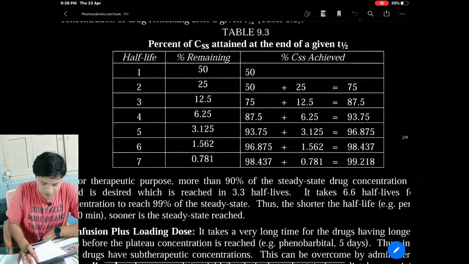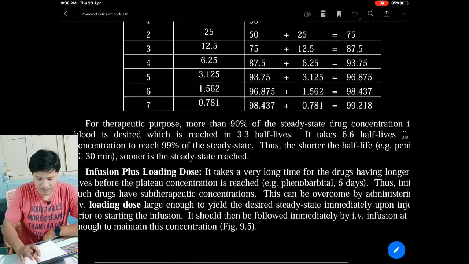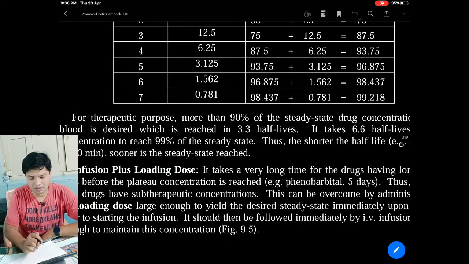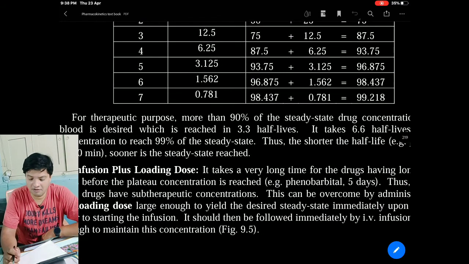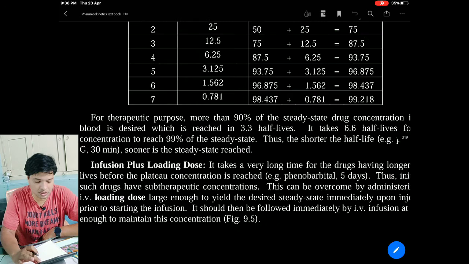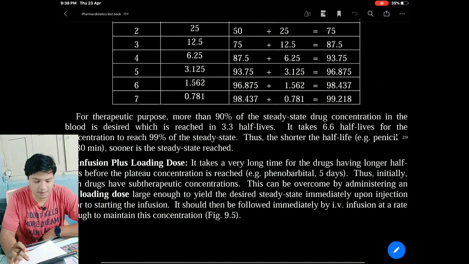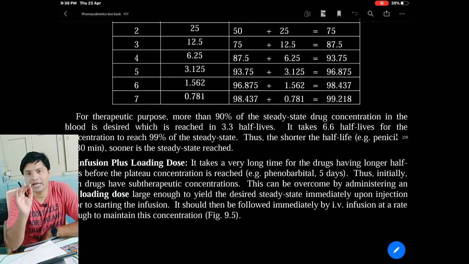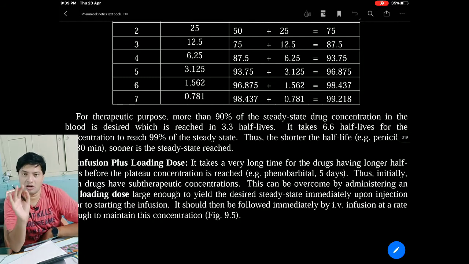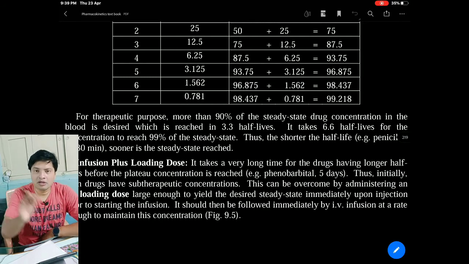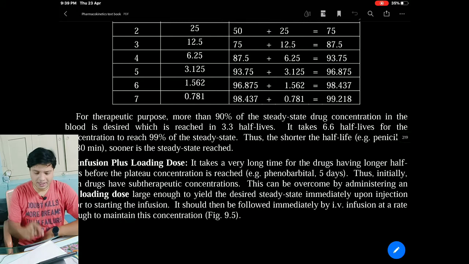But the problem here is, for therapeutic purpose, more than 90% of steady state concentration of drug in the blood is desired. When you get more than 90% of steady state concentration in the blood, then only you will get therapeutic activity. Now what is happening here?